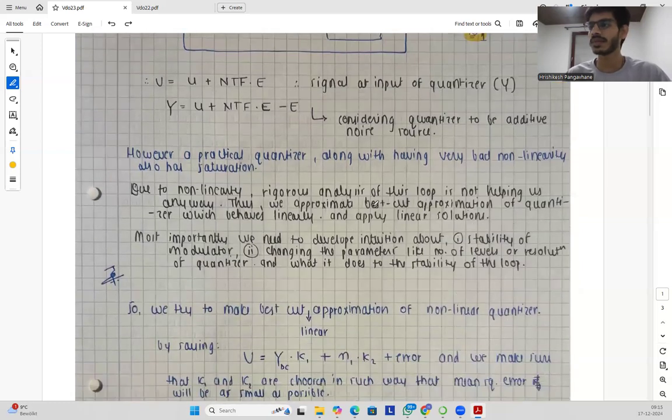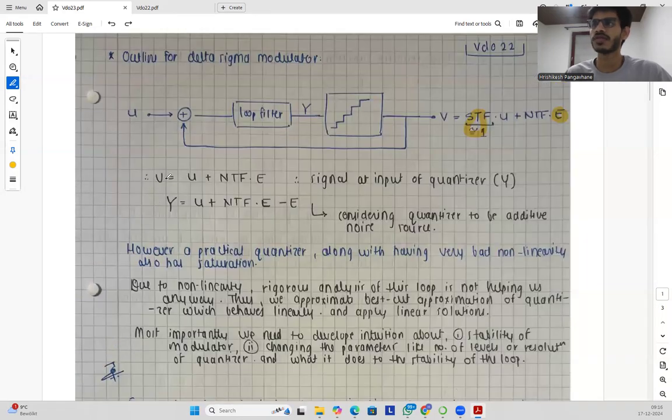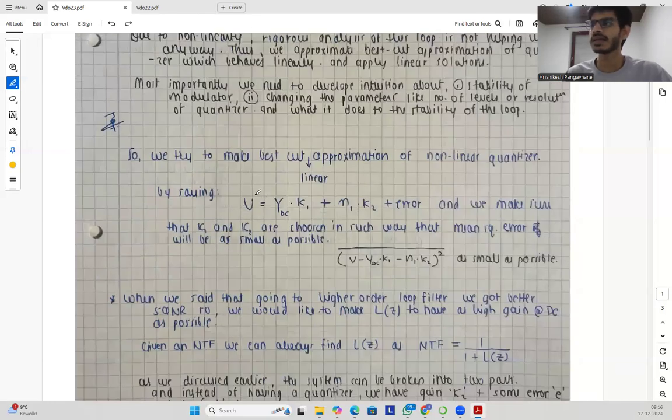So basically, we try to make the best fit linear approximation of the non-linear quantizer by saying that our V, which is the output, is, for example, if we consider U to be DC, then we can say that the output has two parts. One is coming from DC, which is YDC, and one is due to the noise, which is floating all over the loop. So we said YDC times K1 plus N1 times K2.